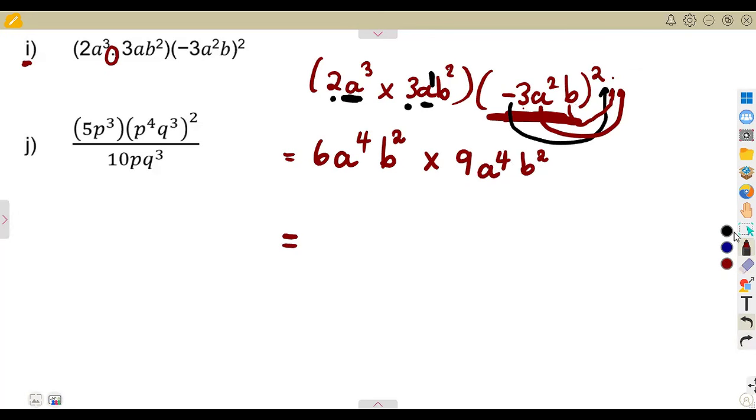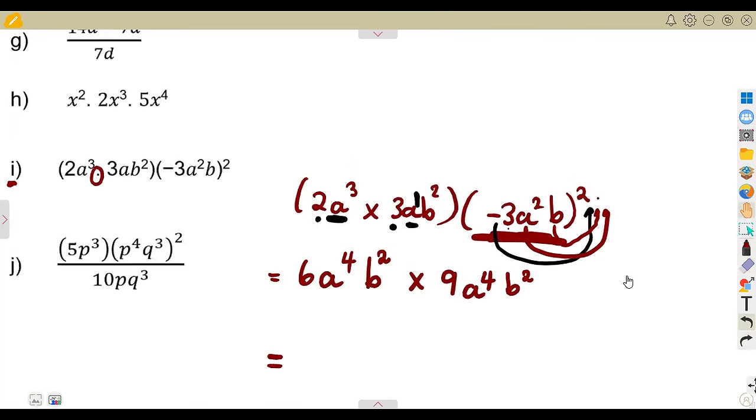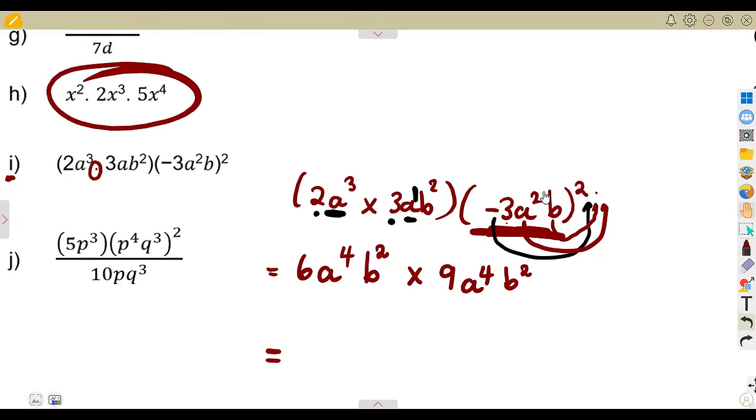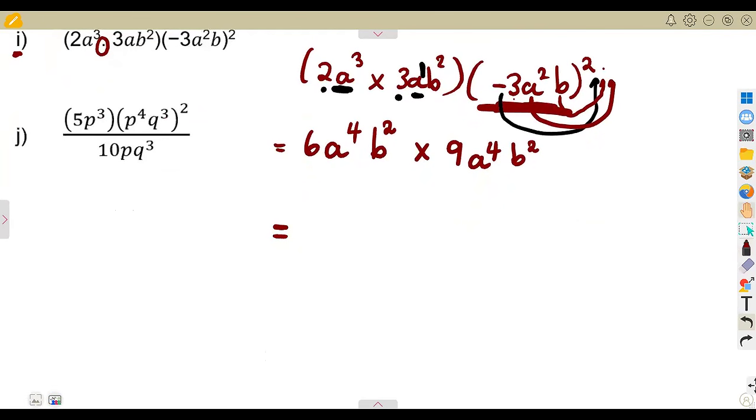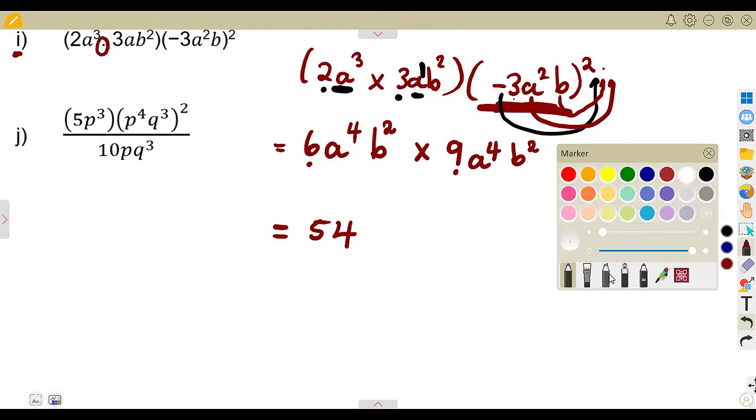After that, this question is just the same as the question we had before, where it was a product: you multiply, consider the bases which are the same, and add the exponents. This is where we are at this stage. So you simply multiply the numbers, the 6 and the 9. That gives us 54. Then you consider the bases which are the same.